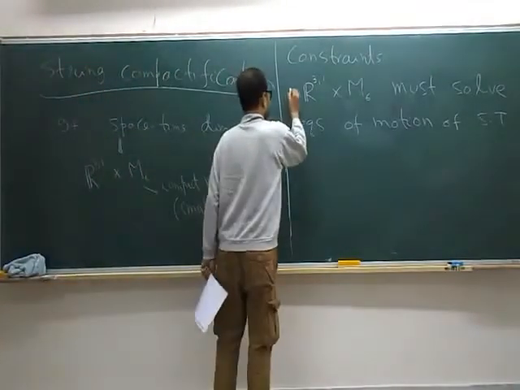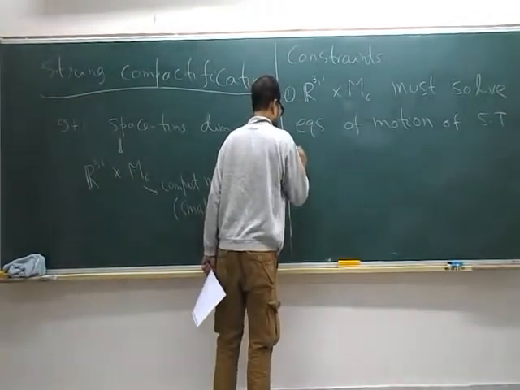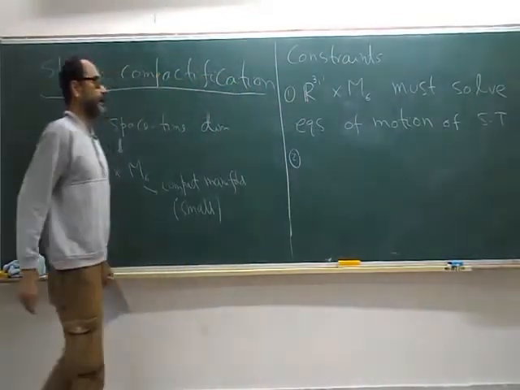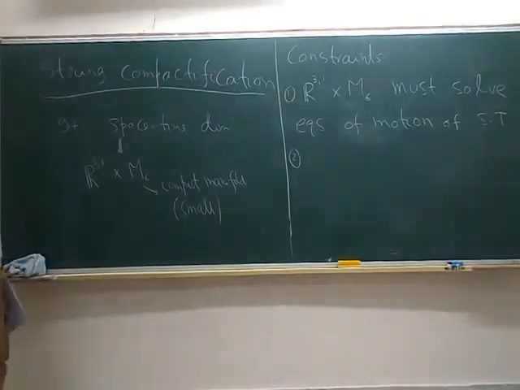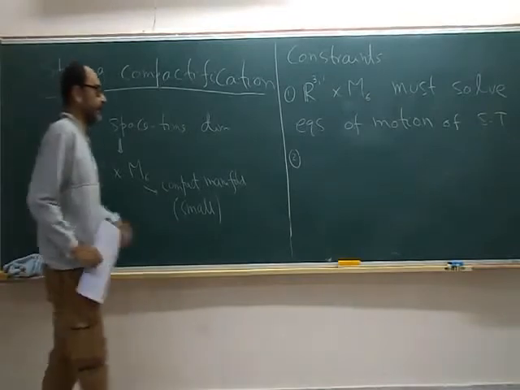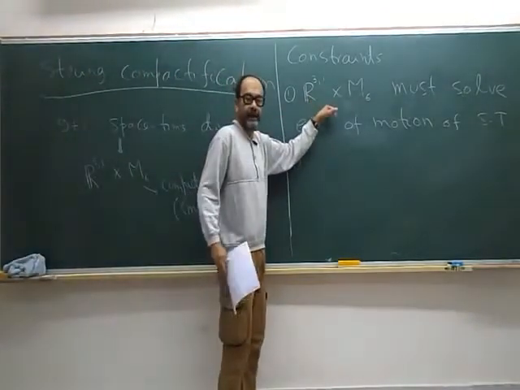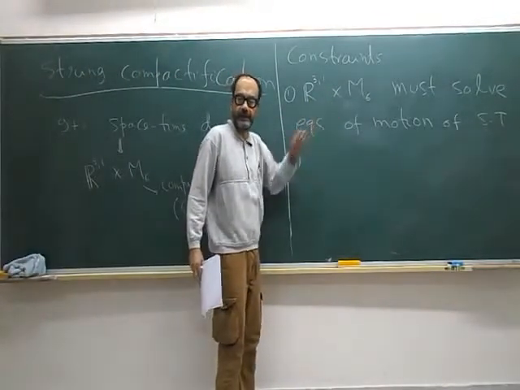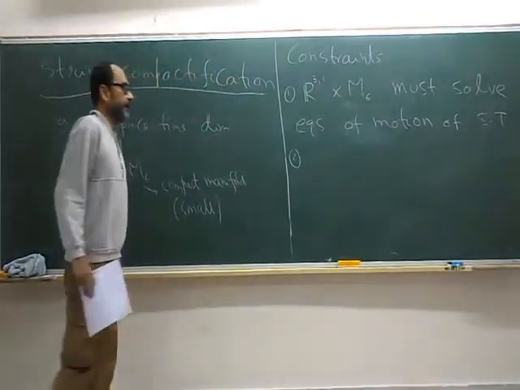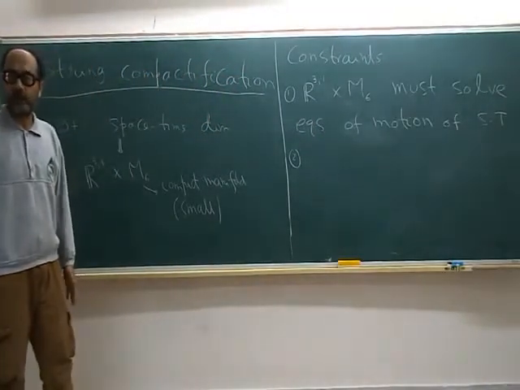But you also have an experimental constraint: the choice of M6 should be such that eventually, when you study the theory, which will now look like a 3+1 dimensional theory because M6 has a small size, that theory should look like what you observe in nature.